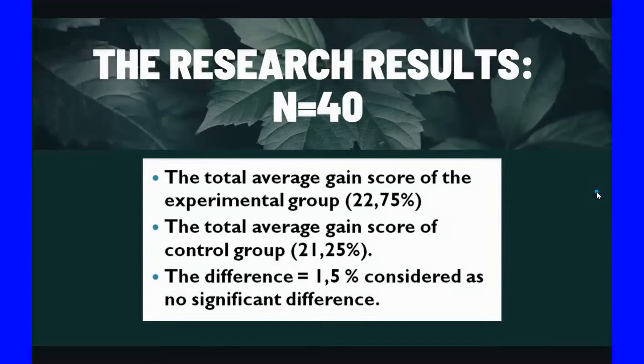So it means that the experimental group, who learned the knowledge with game-based learning, gained slightly higher, while the control group, who learned the knowledge without game-based learning, also gained knowledge, but just a bit lower than those who learned with game-based learning.